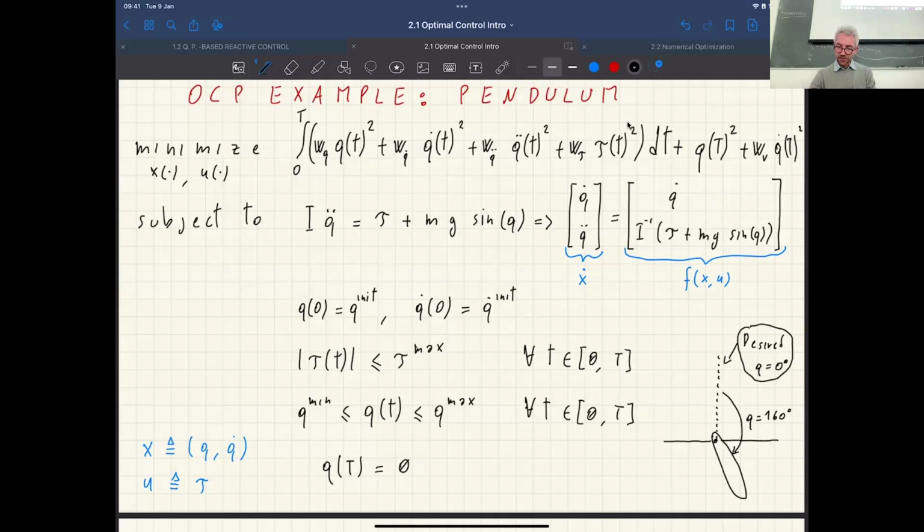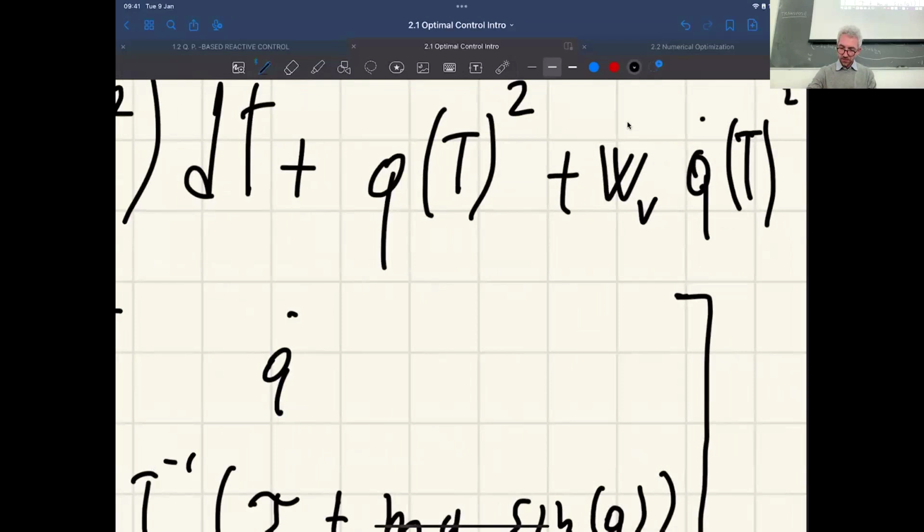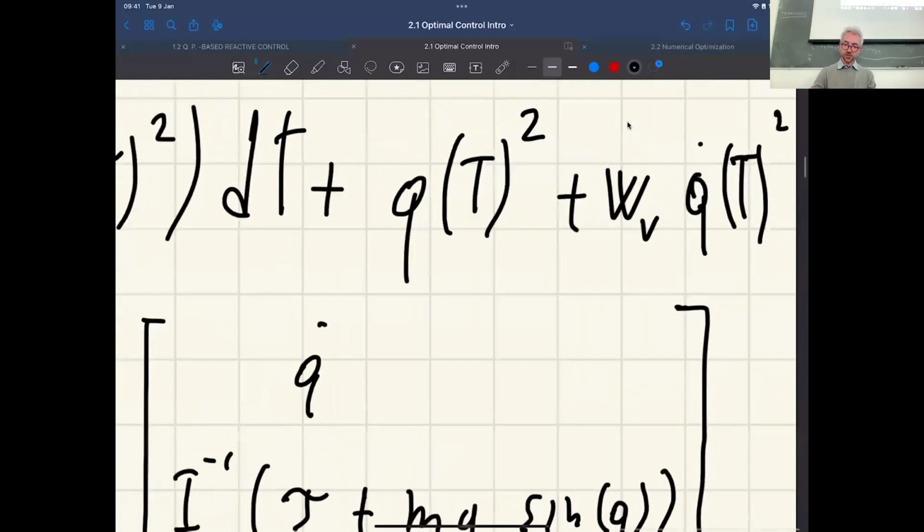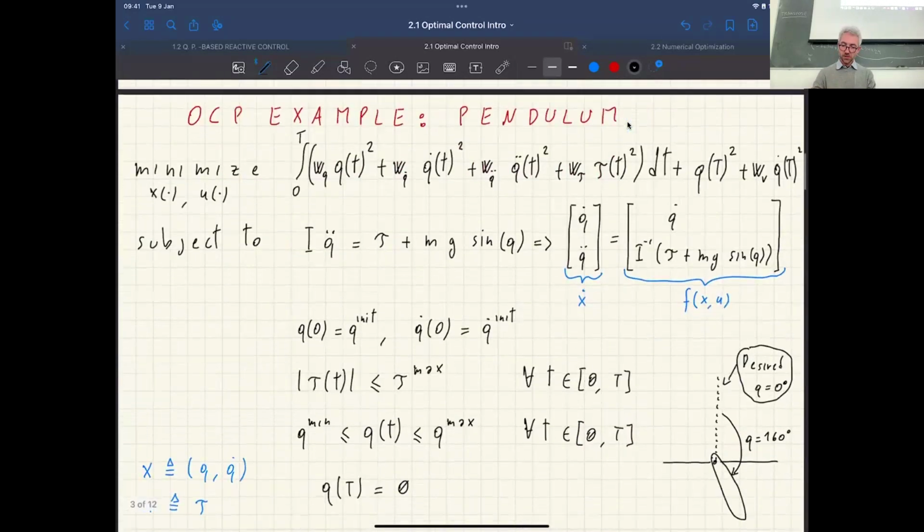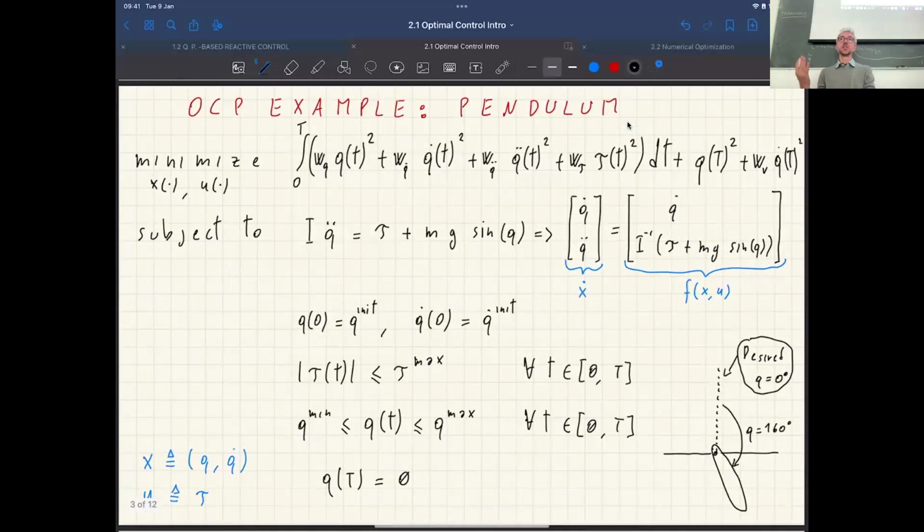So this is a capital T, even if it's not maybe super clear. So I'm adding a penalty for the terminal value of the joint angle and joint velocity.